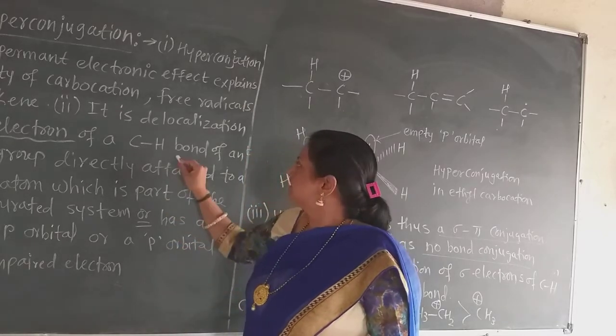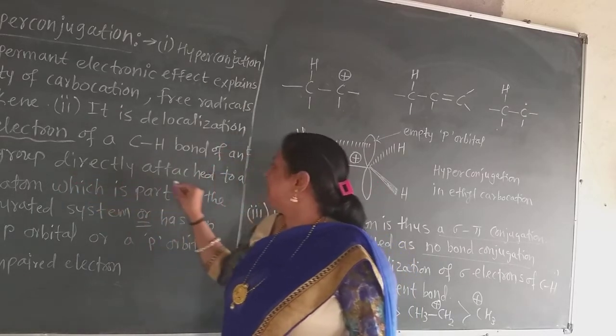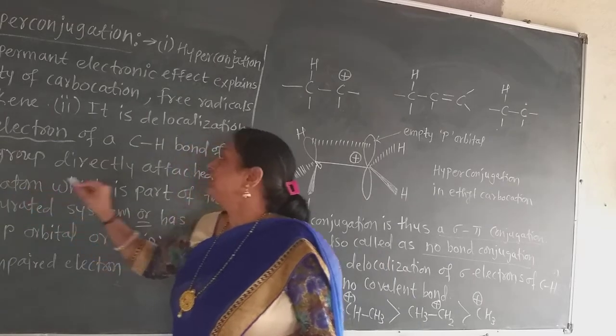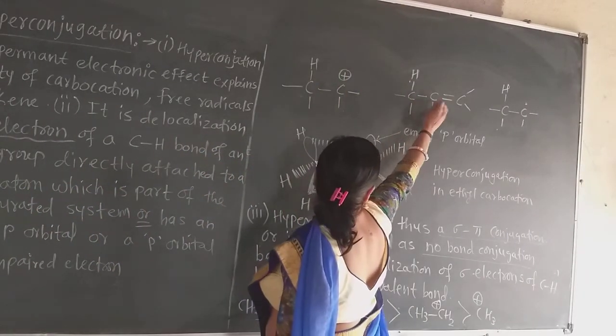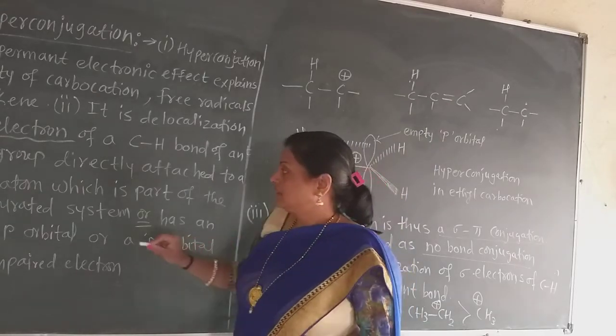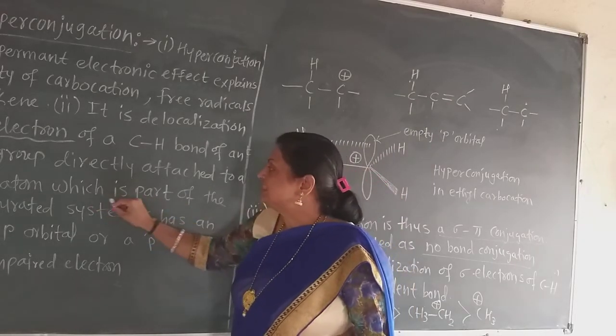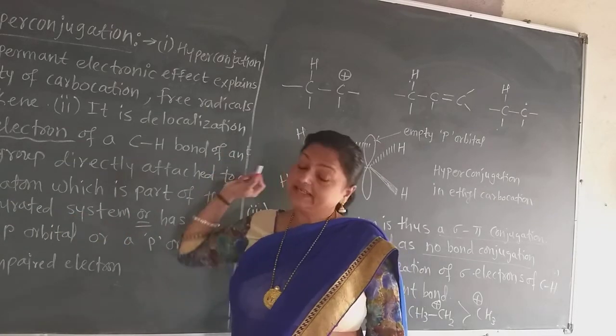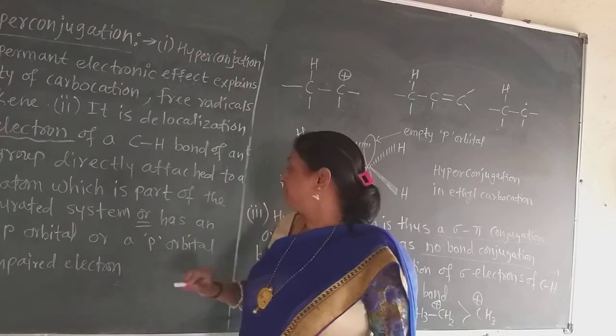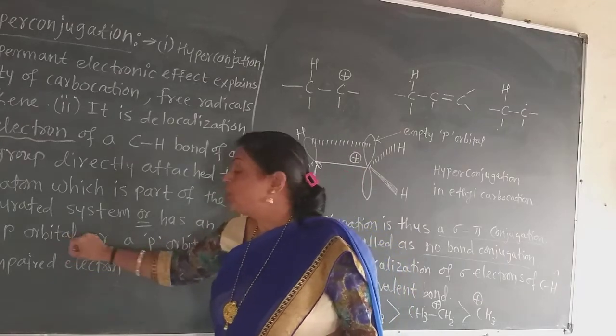Now the CH bond of the alkyl group is directly attached to a carbon atom which is part of the unsaturated system. In alkene there is the unsaturated system. Or it has an empty p orbital.